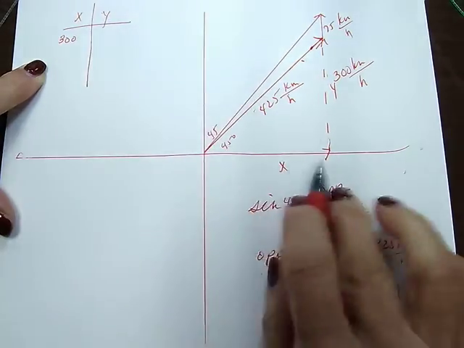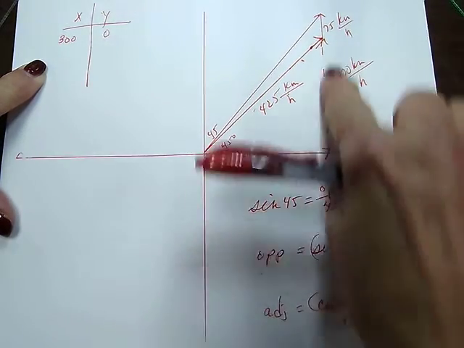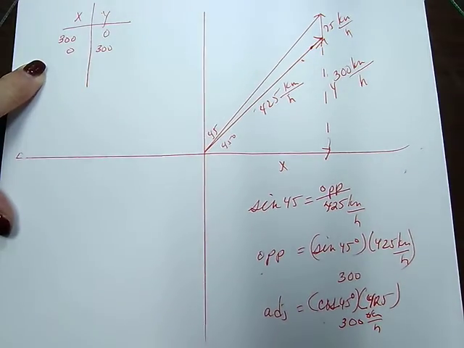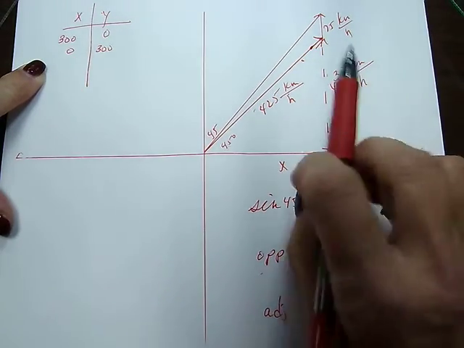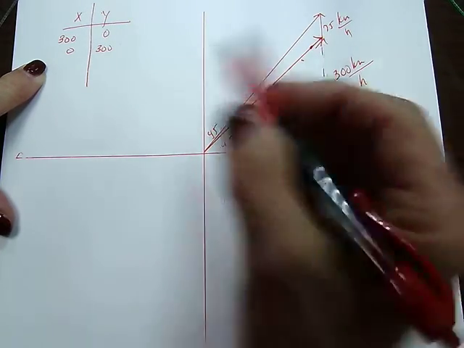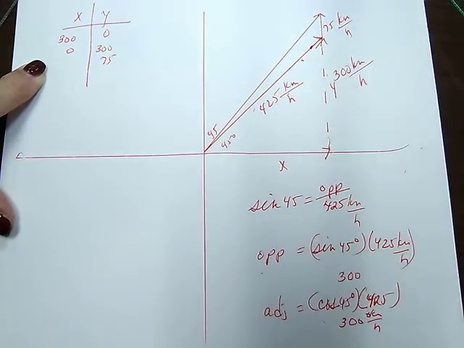I mean, there's no y on this one. This is 300 on the y and no x. And then we have to look at the 75, and there's 75 on the y-axis, and there is no x on the 75.